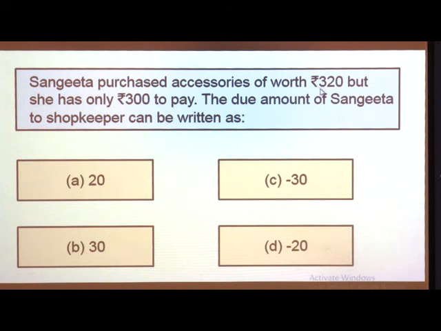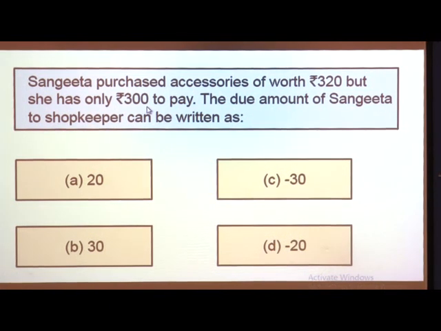So when we subtract 320 minus 300, what is the answer we get? She paid the shopkeeper only 300. So what is the due amount she has to pay? It's minus 20.